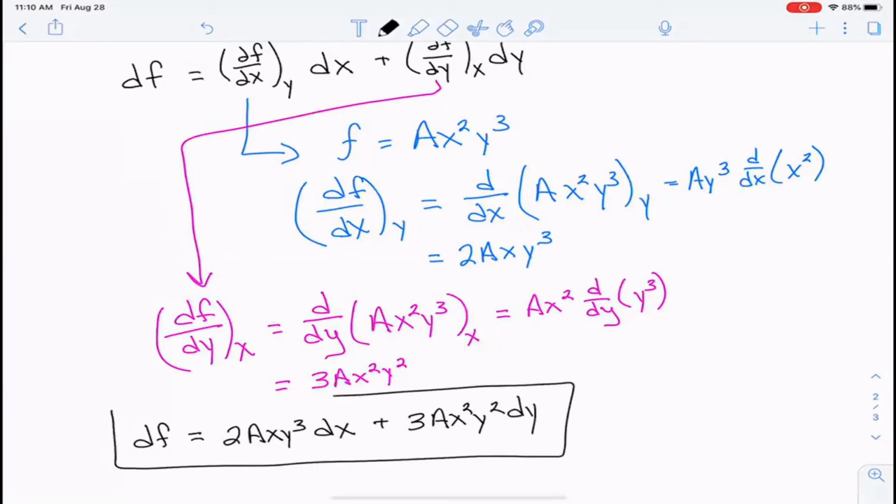And we now have an equation that describes how our function is going to change as we change x and y by some amount, right? Some delta x or some delta y. We could actually find the change in f.